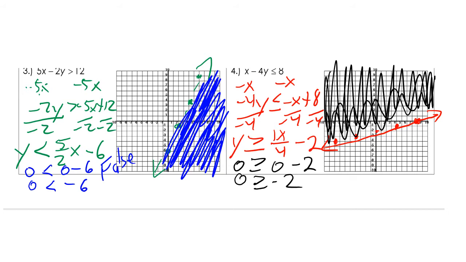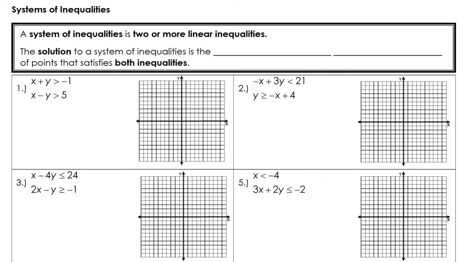Now comes the fun part. A system of inequalities is two or more linear inequalities.